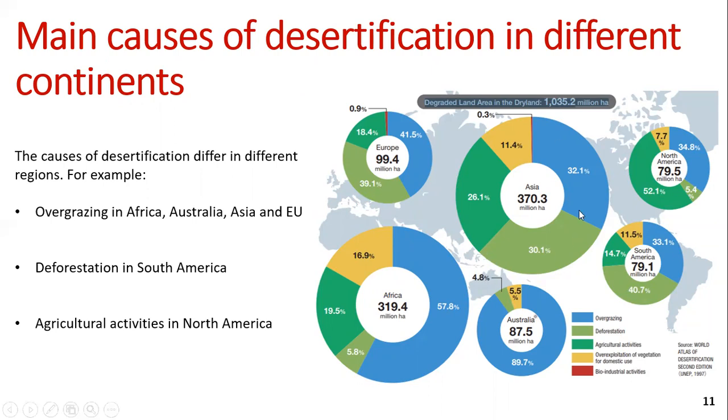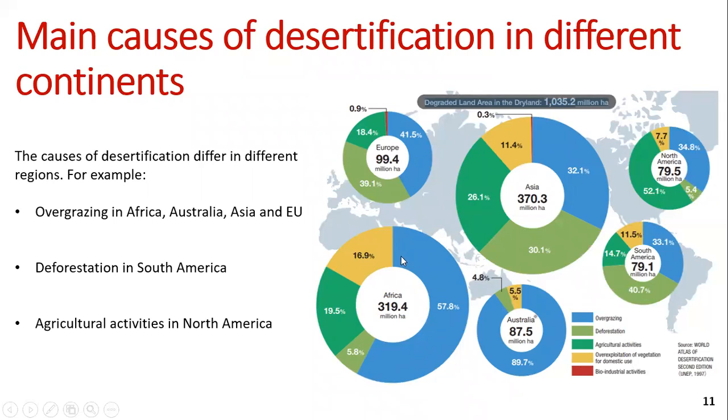Now, if we look at Asia, this chart actually explains the causes of desertification: blue, overgrazing, then deforestation, agricultural activities, and so on. So if you look at Asia, you will see that the highest cause is the blue one, which is overgrazing. If you look at Europe, you will see that the highest one is also the blue one, overgrazing.